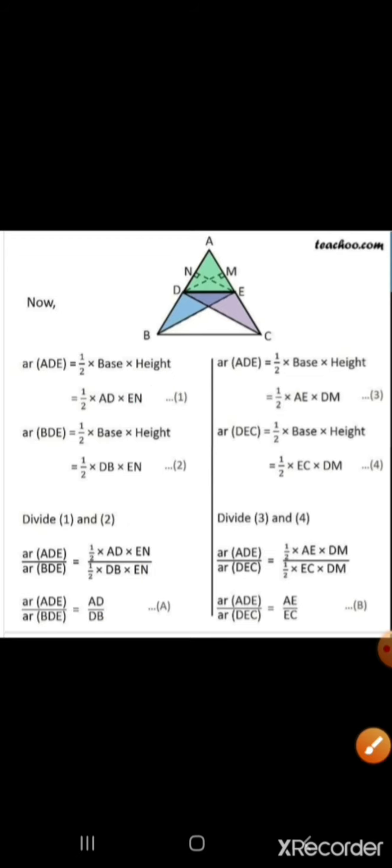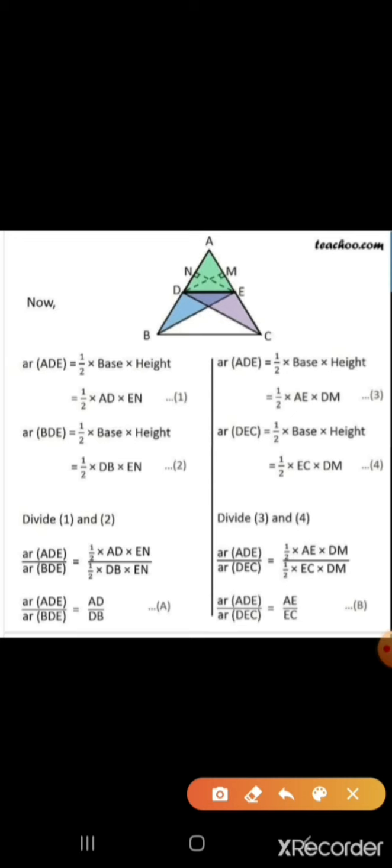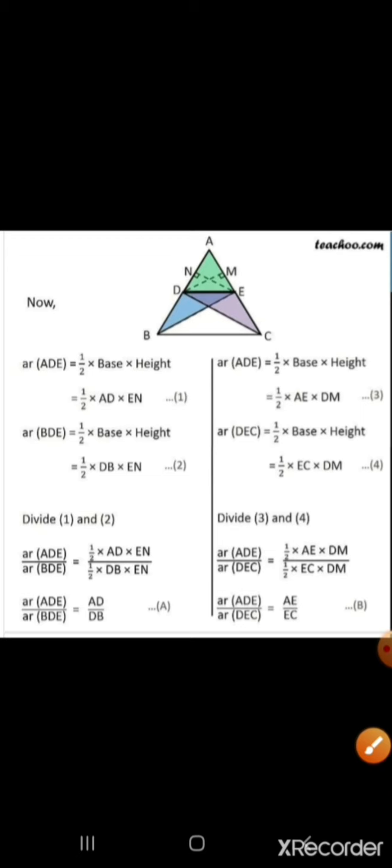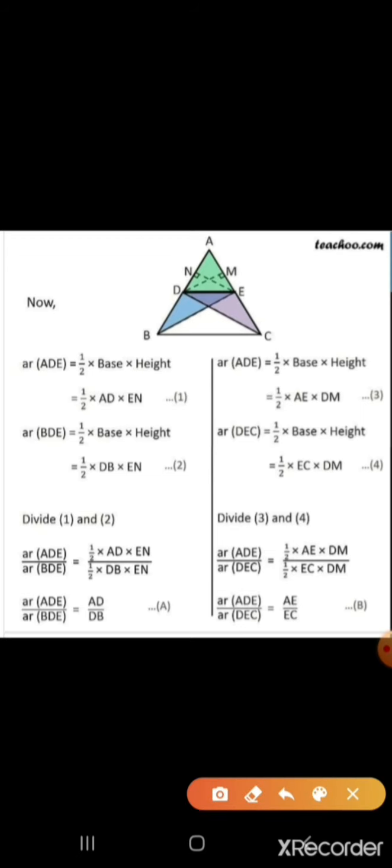Then we have to consider the next set of triangles, again ADE itself. In that ADE, consider AE as the base. Here is the same triangle ADE, and with AE as the base, the height will be DM, that is the perpendicular drawn from the point D to the side AE.